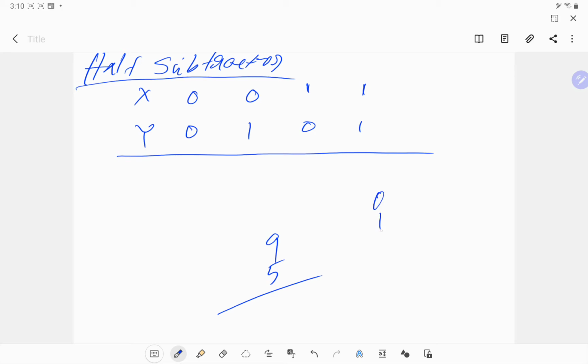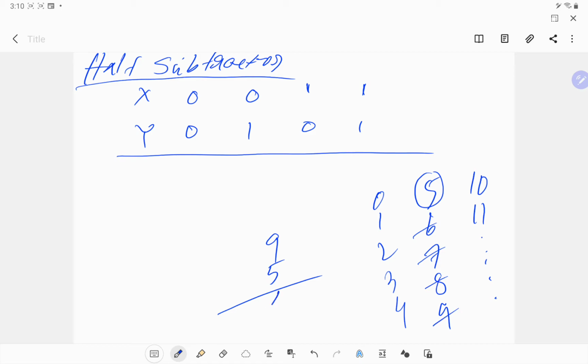If we have 0, 1, 2, 3, 4, 5, 6, 7, 8, 9, 10, 11, that's how we go. So what is the difference between 9 and 5? We have 5 there. In order to reach 9 from 5, how many counts do we need? 1, 2, 3, 4. So the difference is 4. Since 9 is a larger number than 5, the borrow is 0 in this case. We don't write 0, or sometimes we write it, doesn't matter.